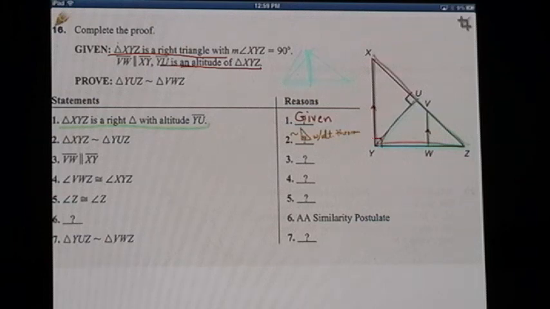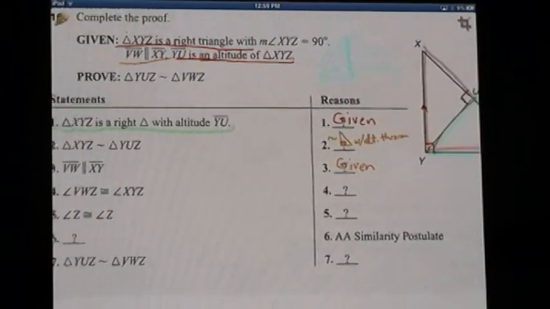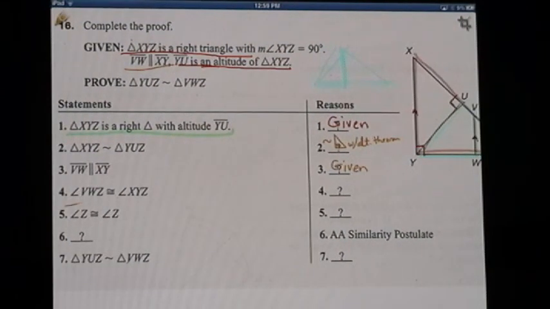Okay, VW is parallel to XY. How do we know that? Right here, it's given. Given. All right, now, angle VWZ is congruent to angle XYZ.